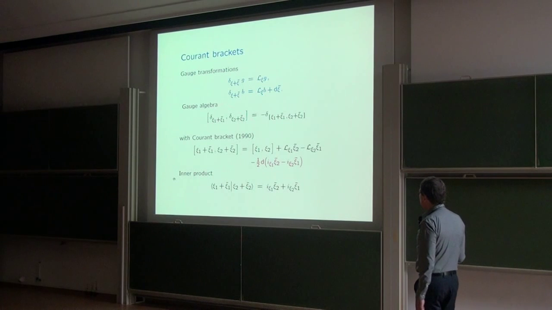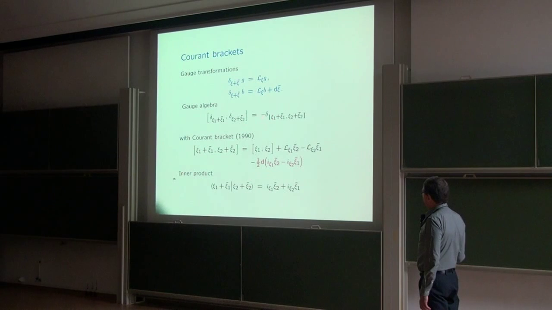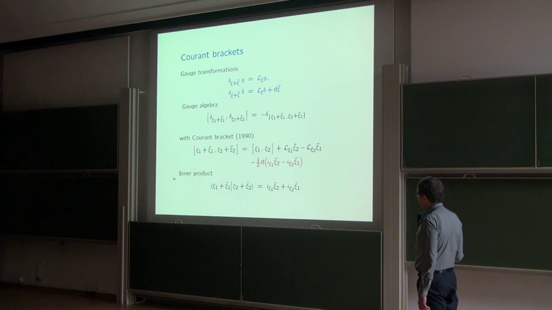You can then ask what is the algebra of these gauge transformations. For that you must compute the commutator with two different parameters, and if it closes, which it does, it should be a transformation with a different parameter. So the rule to construct the parameter for this commutator is what is called the bracket. So what is the bracket?